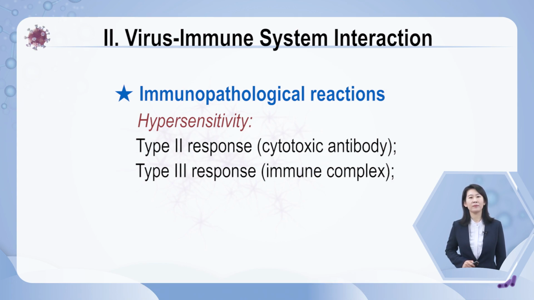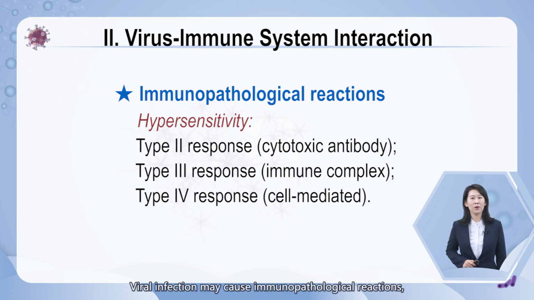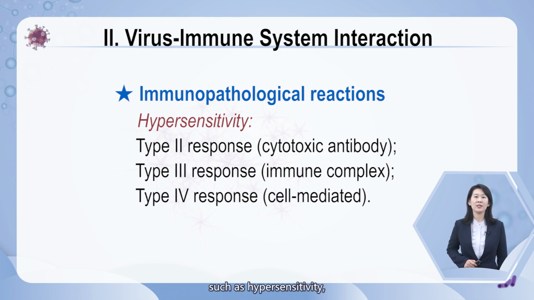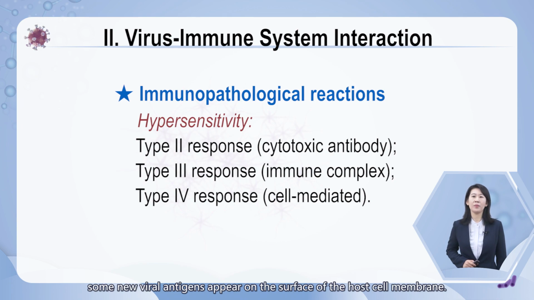Pro-inflammatory cytokines, antigen-antibody complexes, complement activation pathways, CD4 positive T-cell induced delayed hypersensitivity, and CTL-mediated cell killing contribute to virus-induced immunopathological injury. Viral infection may cause immunopathological reactions, such as hypersensitivity. After viral infection and replication, some new viral antigens appear on the surface of the host cell membrane. The specific viral antibody can recognize and react with these antigens, and the host cell may be damaged in the presence of complement.